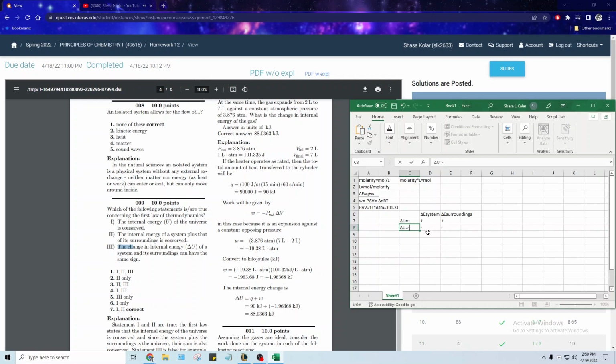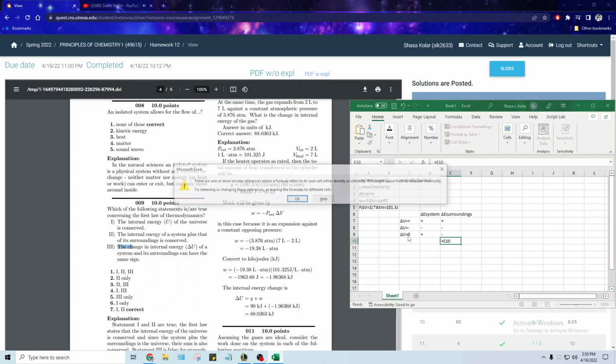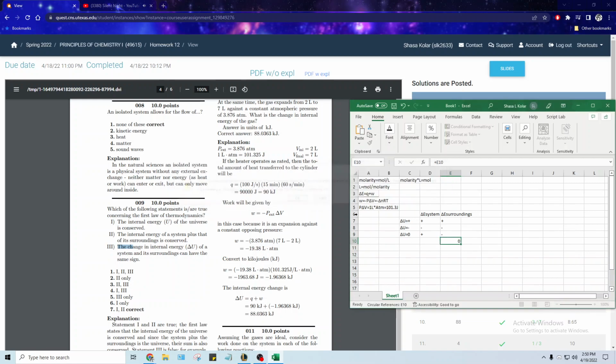Because the change in energy of the universe, delta U, must equal 0. Therefore, either the system is negative and the surroundings positive, or the system is positive and the surroundings negative.